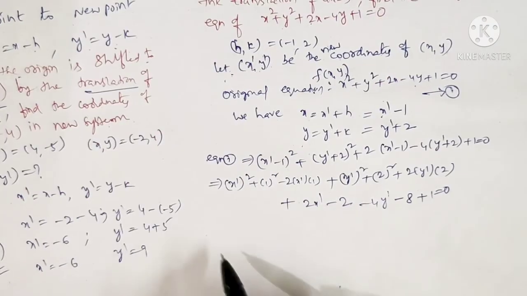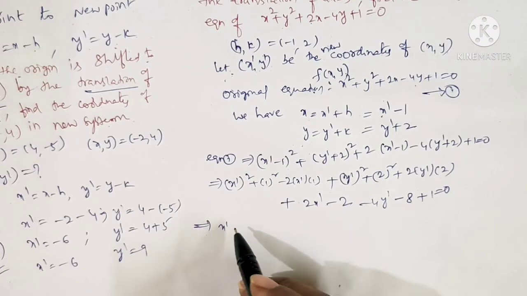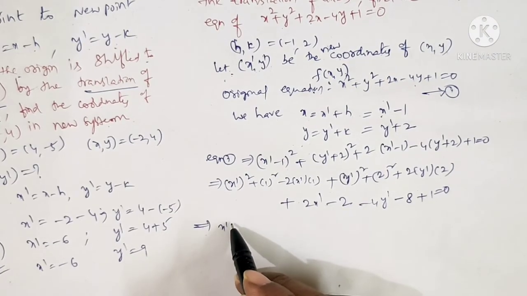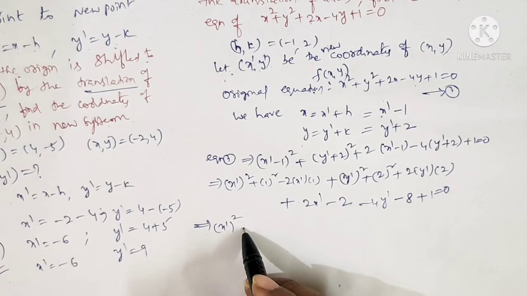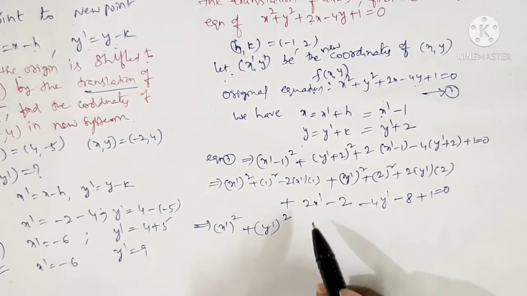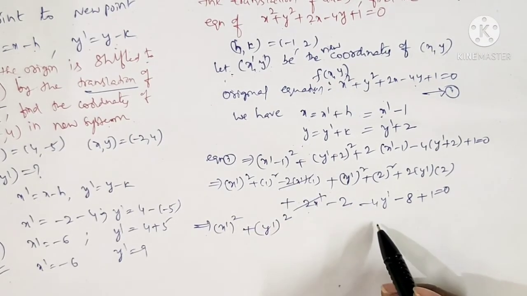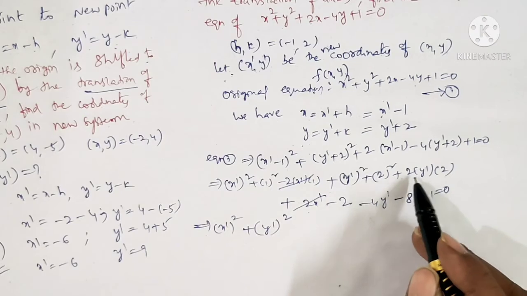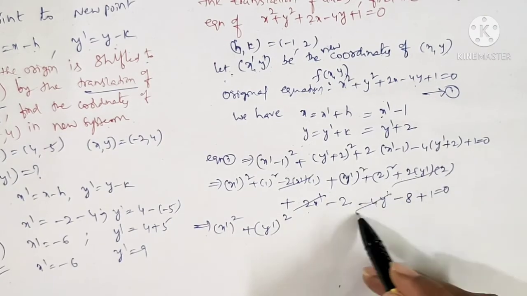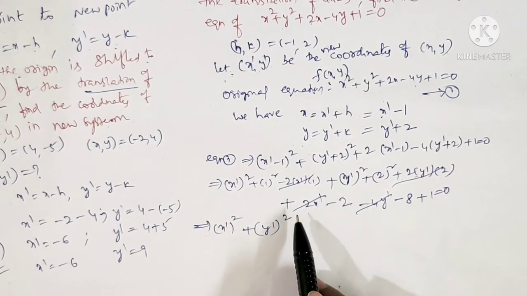Okay. Now if we simplify, we get here x dash square plus y dash square. Next, minus 2x dash and plus 2x dash get cancelled. Here plus 2 into 2, 4y dash, minus 4y dash get cancelled, and only constants are remaining.